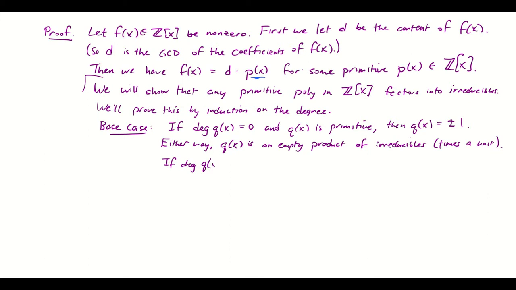If degree of Q of x is 1 and Q of x is primitive, then I claim Q of x is irreducible.